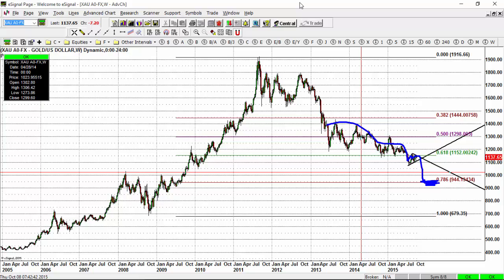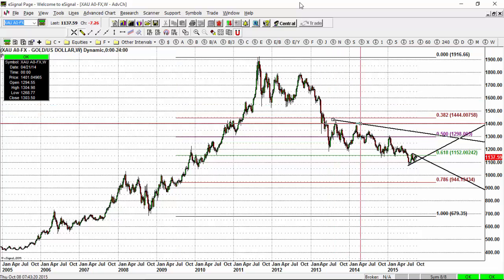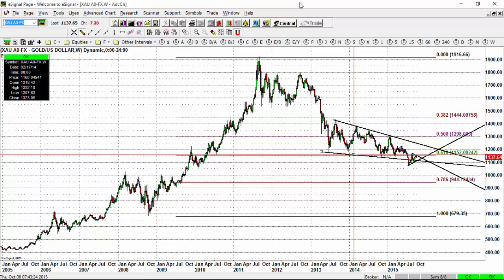On the other hand, there are folks that are saying this could be the bottom, although there is no evidence of it yet. And if we trade back to the 1200 level and take out 1300, we could see another move up in gold to the 1500 level mark, because this down channel would essentially be broken.